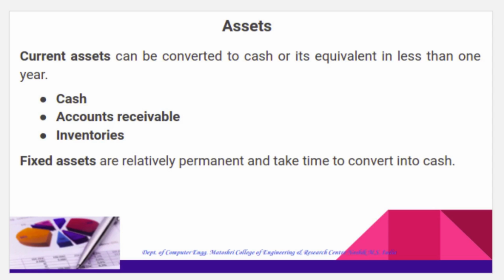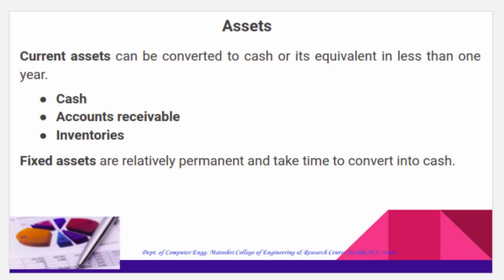Then fixed assets are relatively permanent and take time to convert into cash. Fixed assets reflect the amount of money that Dell paid for its plant and equipment when it acquired those assets.